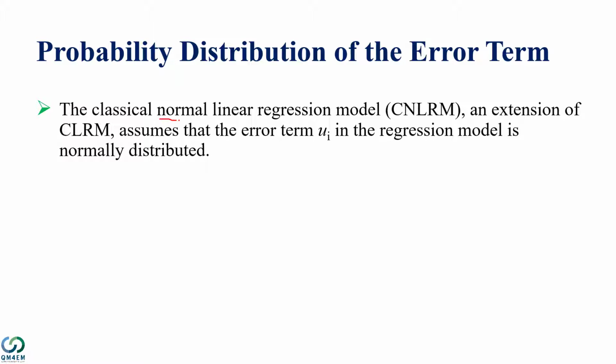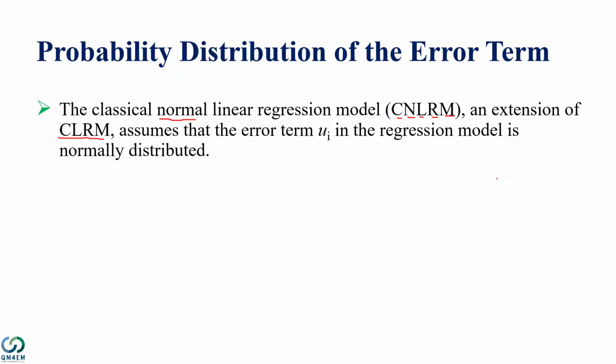This is an extension of the traditional classical linear regression model, and since it's an extended version, obviously there are more assumptions. The classical normal linear regression model assumes that the error term of the regression model should be normally distributed. That's the assumption of the classical normal regression model.